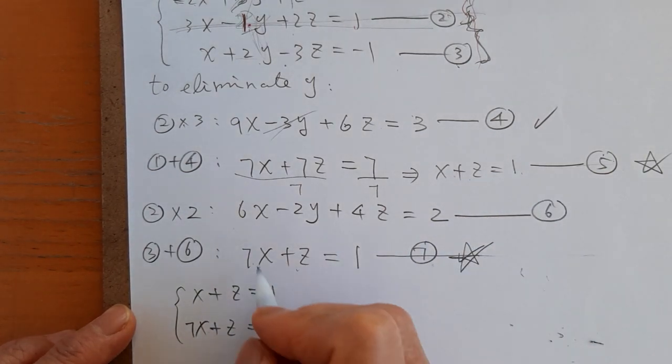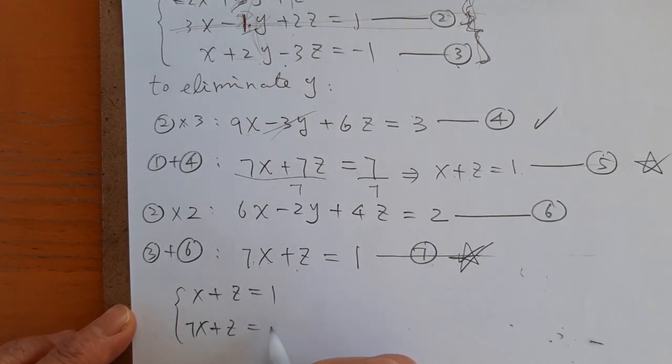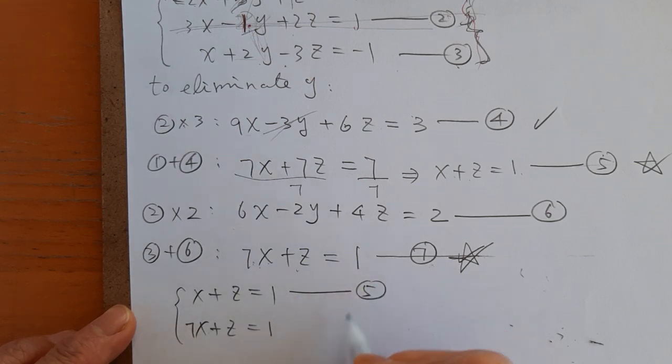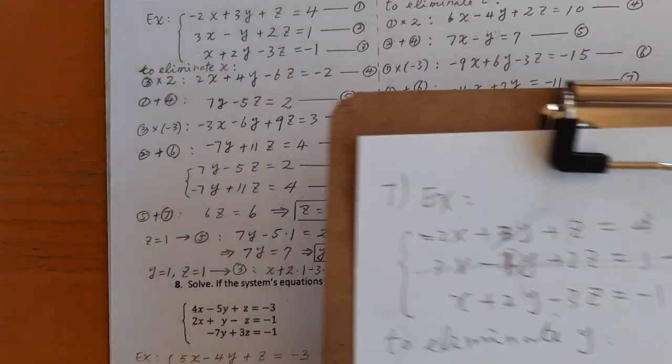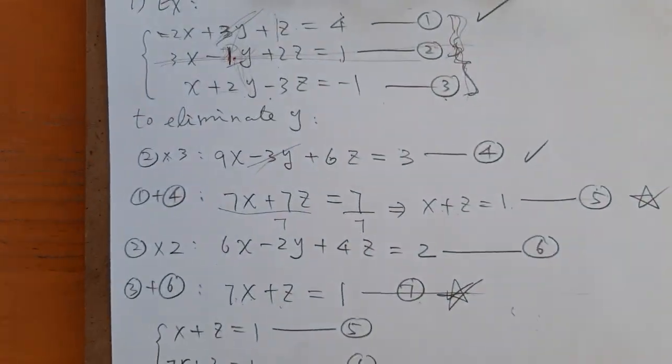x plus z equal 1, 7x plus z equal 1. That's the 5th equation. That's the 6th equation. And form a system.